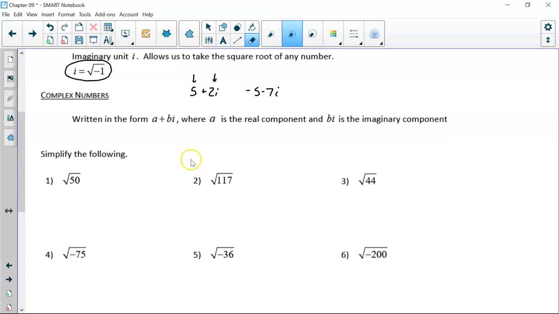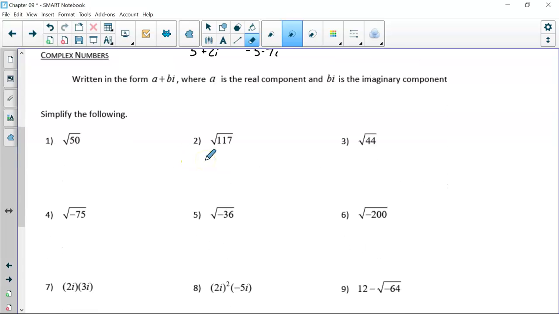So we're going to talk about simplifying some radicals now. When simplifying radicals, we have that product property. The product property says the square root of a times b is the square root of a times the square root of b. That lets us simplify radicals.